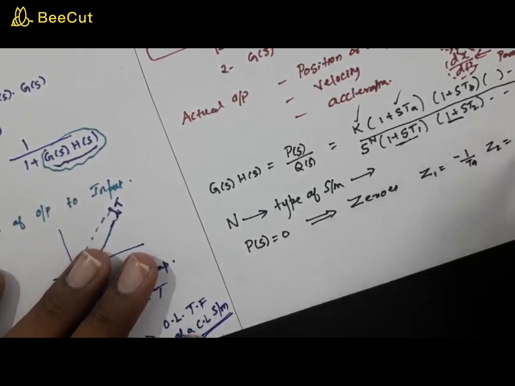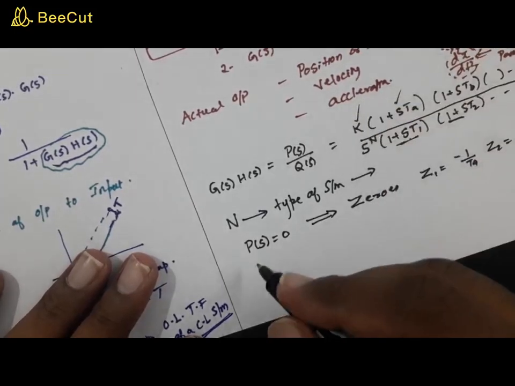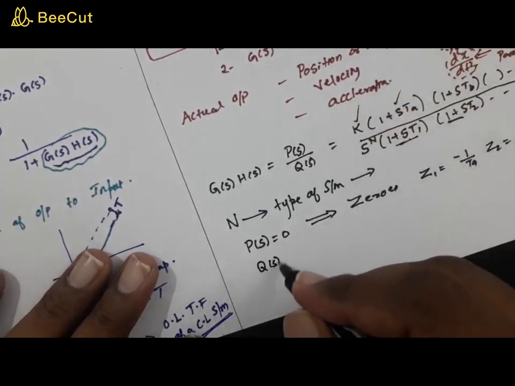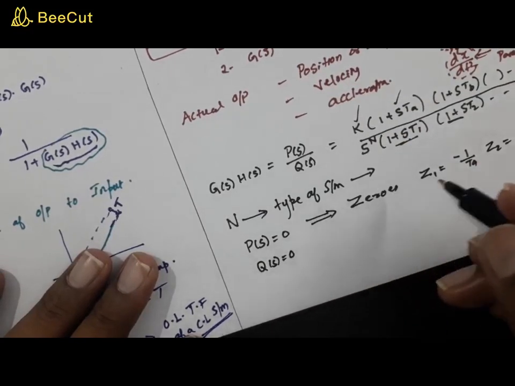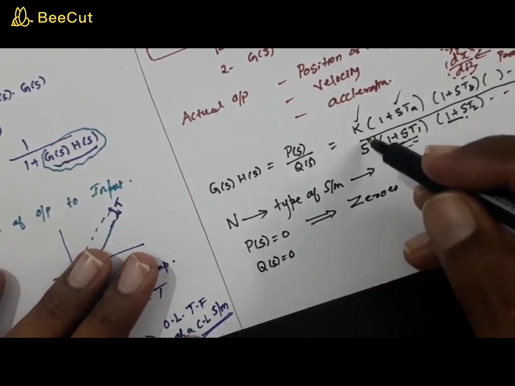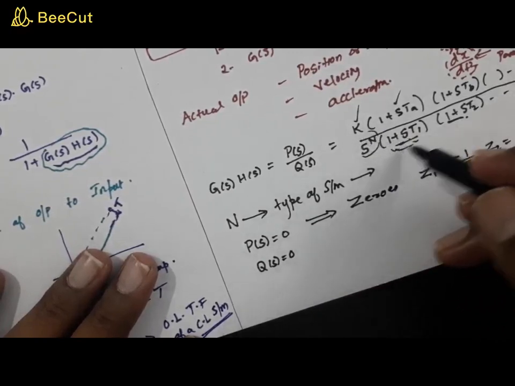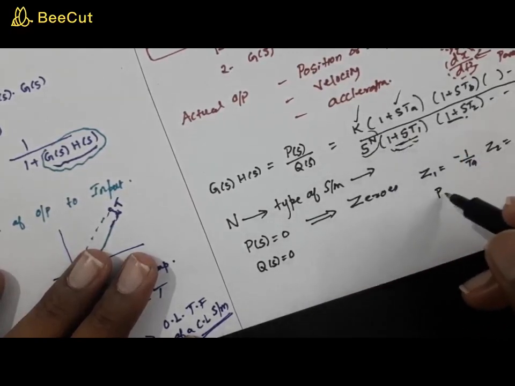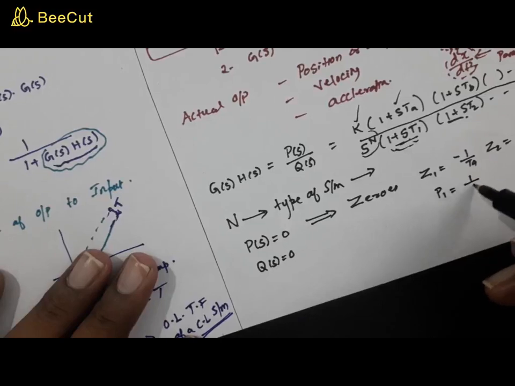These are called the zeros of this transfer function. When you equate Q of S to 0, we'll come to that later, you get the poles: P1 equal to minus 1 by T1, P2 equal to minus 1 by T2, and so on.